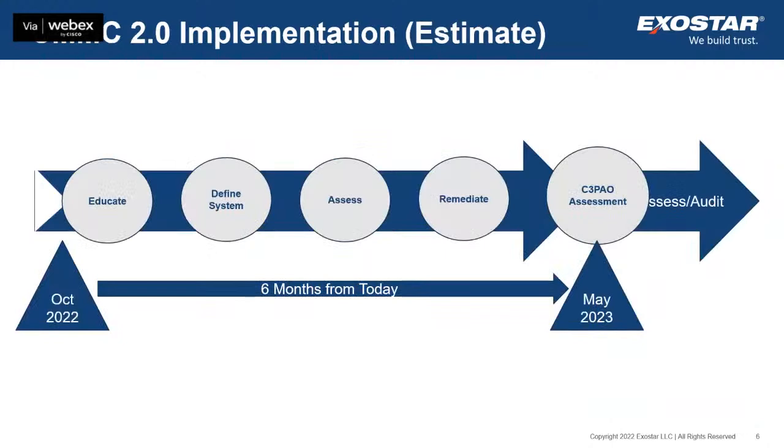So again, just to kind of highlight what I just mentioned, right? It's October 2022 today. We got 6 months till May of 2023. That's when, again, you'll start to see the DFARS clauses show up in contracts. So, this will be somewhat of a rolling implementation just because it will be based on the contracts you're currently fulfilling or the ones you want to bid upon or the ones that are shown to you from the primes because they've signed a larger contract.